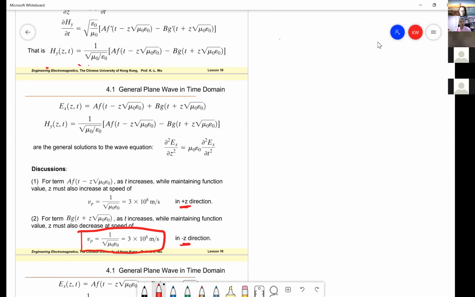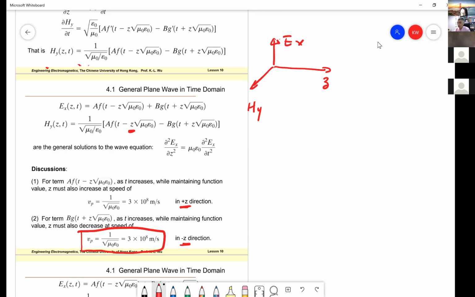Also, by now you are convinced that our original assumption, the electric field in the x direction and the magnetic field in the y direction, has a solution. The propagation direction is in the z direction, because this is a function of z only.